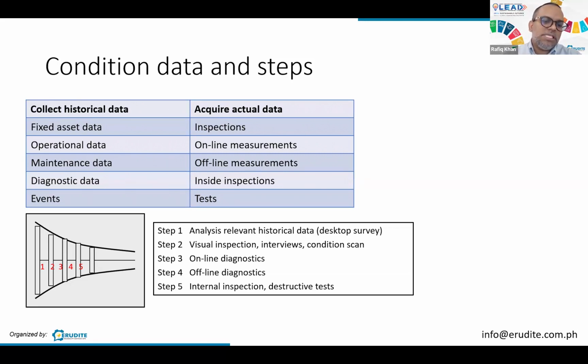But you need to do this step by step so that you do not get deviated with many data which are not relevant to the situation, and it is getting somewhere. It gives you hope that you are getting somewhere. So conditions can sit here. When we look at the situation, fixed asset data, you do the inspection, we do the operational data analysis, and look at trends that are developing.